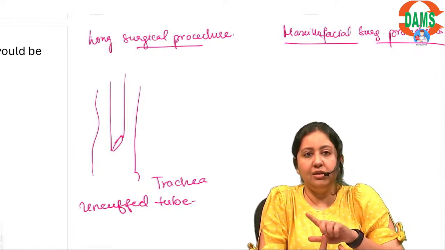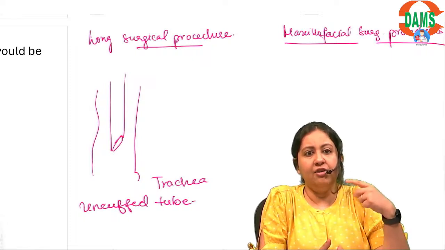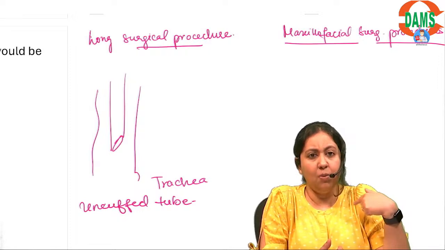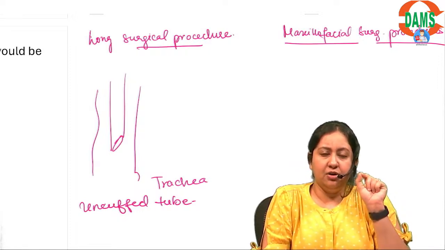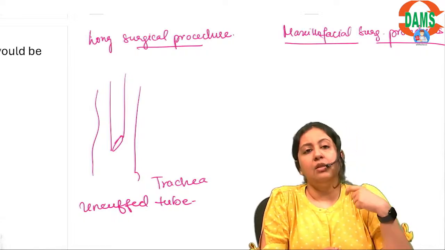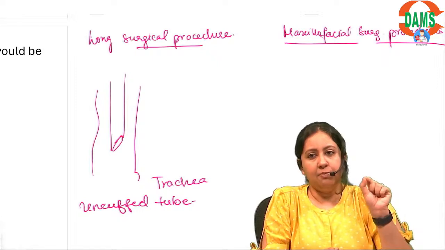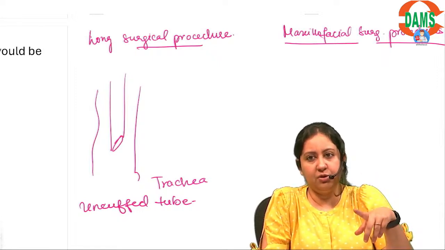They check this by auscultation with a stethoscope, and at the position where they achieve equal bilateral air entry, they fix the tube in that position.